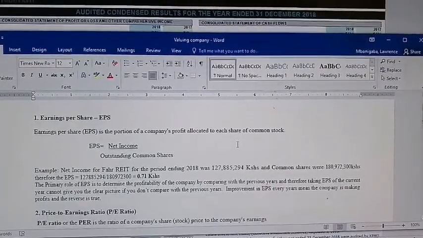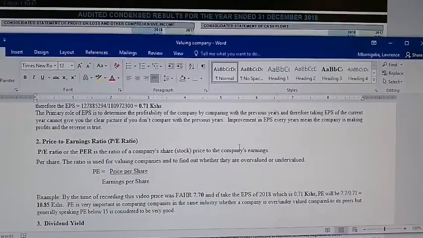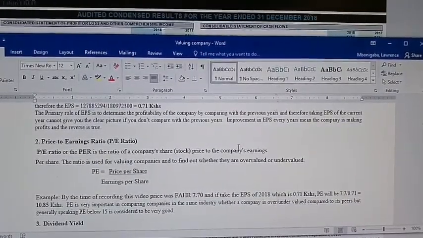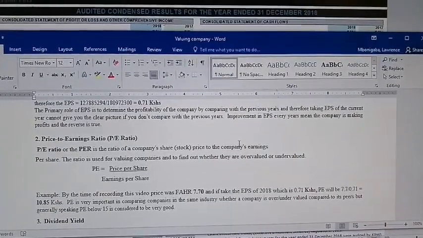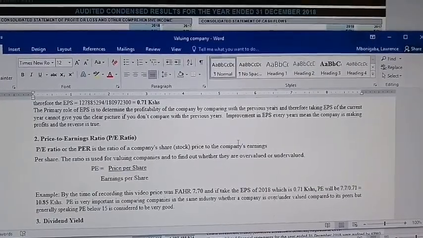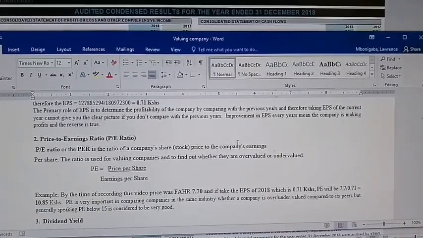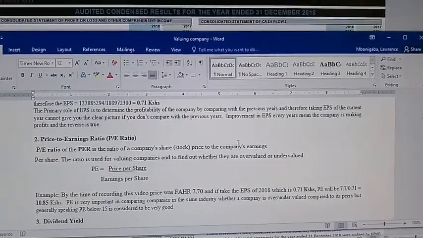So that's how you should see these ratios. They work hand in hand, so you should not isolate each ratio when you're analyzing a stock. As a dividend value investor, I always look at all the ratios while trying to compare my company.